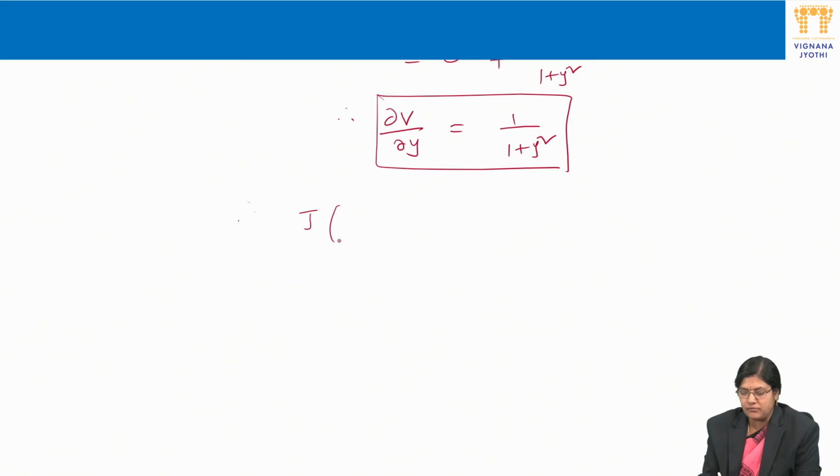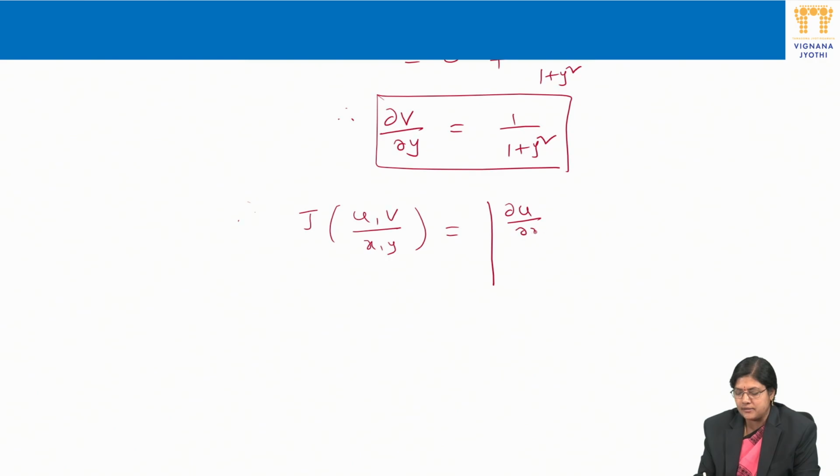Therefore, the Jacobian determinant of u, v with respect to x, y is equal to, according to the definition, the following determinant: ∂u/∂x, ∂u/∂y, ∂v/∂x, ∂v/∂y.